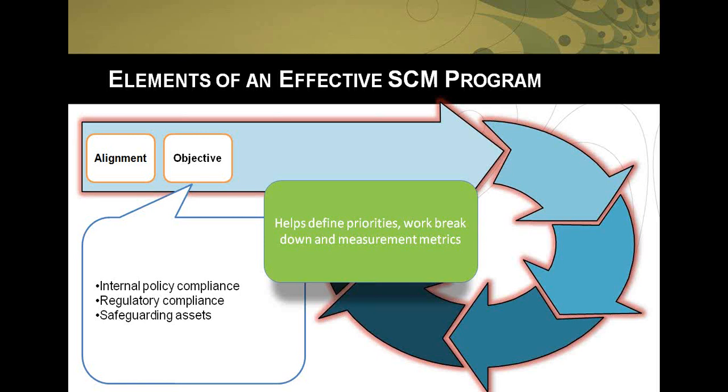For example, if you know that you are creating an SCM program so that you could get compliant to PCI DSS, then if your objectives are clear, you'll be able to prioritize and carry out the assessment for certain hosts or assets or servers which hold the card data, such as credit card processing, and the remaining assets can be prioritized based on their criticality as well. So that's why defining the objective is important.